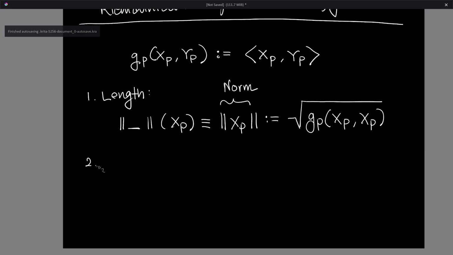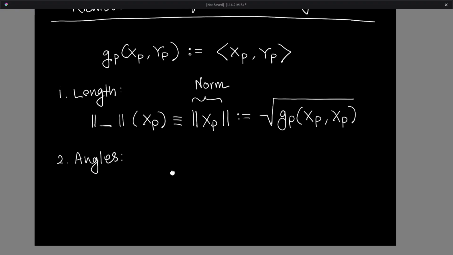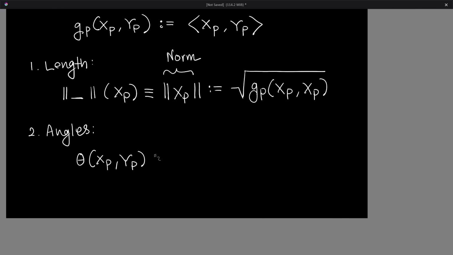And so then how do we define angles? Let's call this function theta. Say we want to measure the angle between two different vectors, X_p and Y_p.